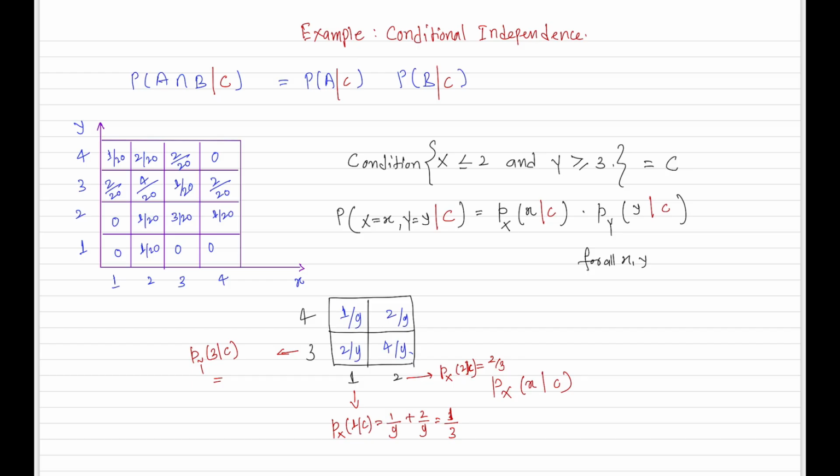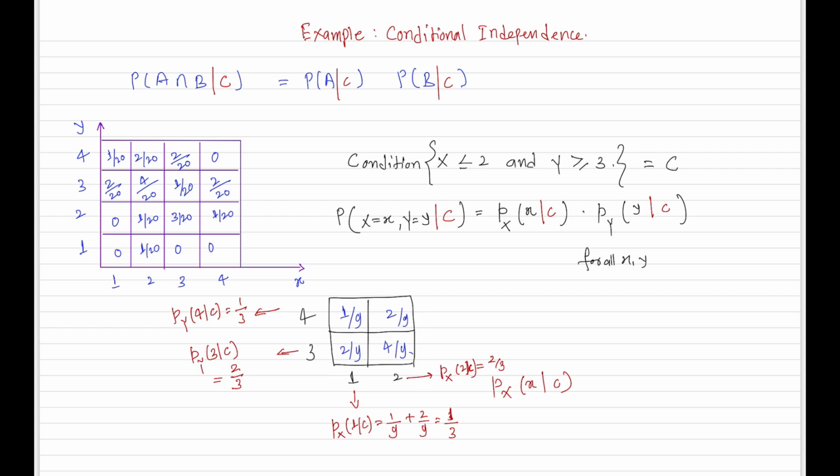That will be 2 divided by 9 plus 4 divided by 9, 6 divided by 9, that is 2 divided by 3. Marginal PMF when Y takes the value 4 under this condition C is 3 divided by 9, that is 1 divided by 3.